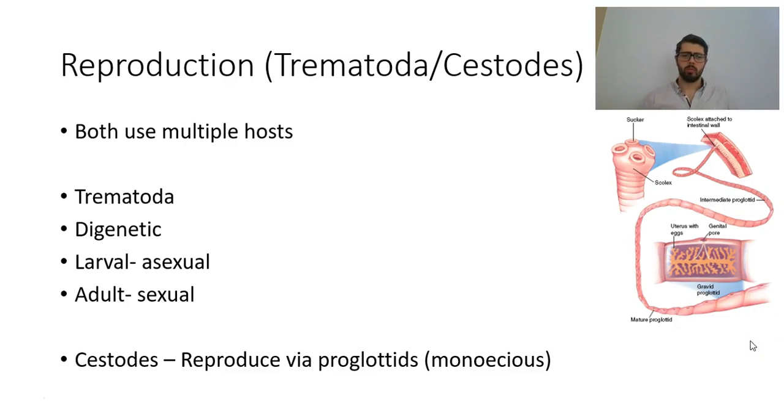When we look at reproduction, both parasitic types, Trematoda and Cestodes, use multiple hosts, which is very important. They use one or multiple hosts to complete their reproductive cycle.